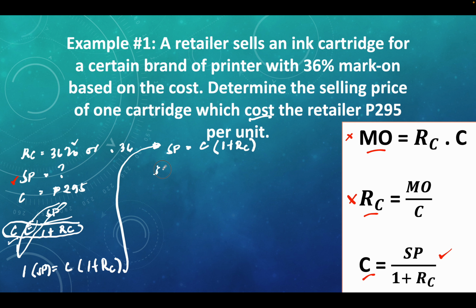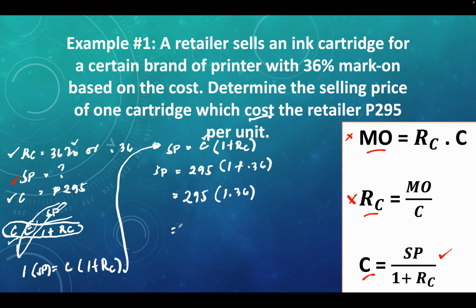So, copy down lang natin yung selling price. Then yung cost natin, given na siya, we have 295. Copy down 1 plus rate based on cost natin, or 0.36. So, copy down mo lang yung 295. 1 plus 0.36 is 1.36.